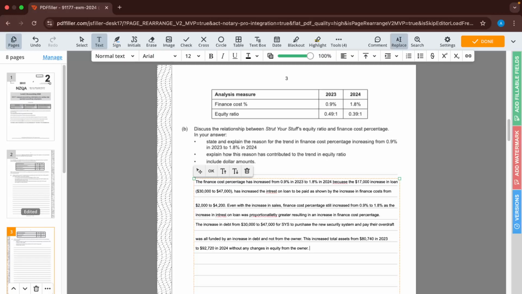So this has caused the amount of assets funded by debt to increase, while assets funded by the owner stay constant, leading to the decrease in equity ratio from 0.49 to 1 in 2023 to 0.39 to 1 in 2024. Yeah, that's all they're looking for.